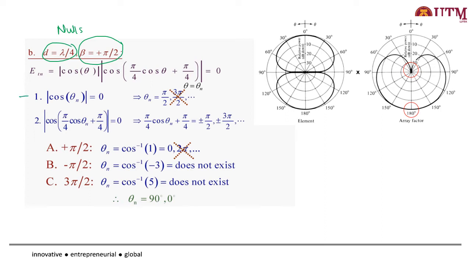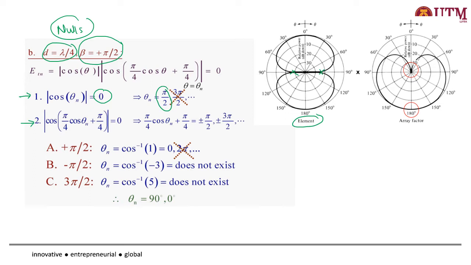The element is cos theta, and for nulls it equals 0, so theta appears at pi over 2. Once you've plotted the element radiation pattern, the second step is the array factor. In this case you already have beta equal to pi over 2.